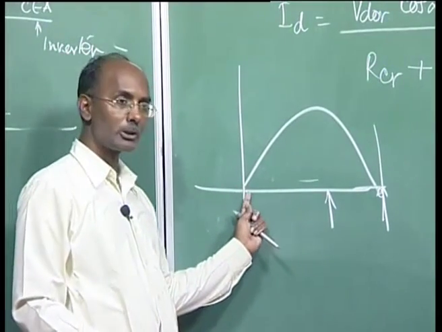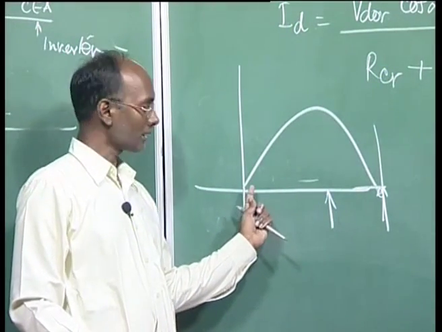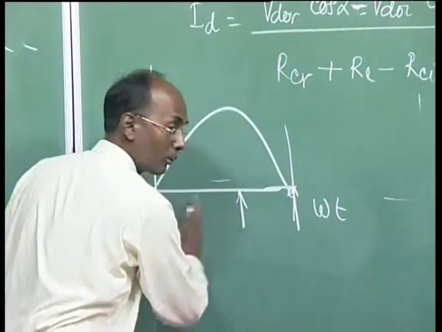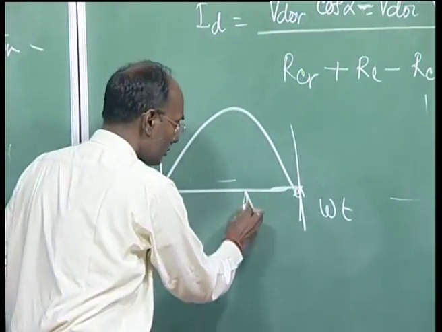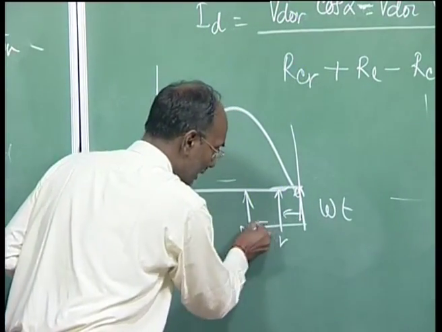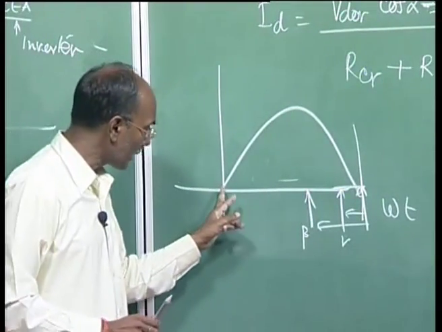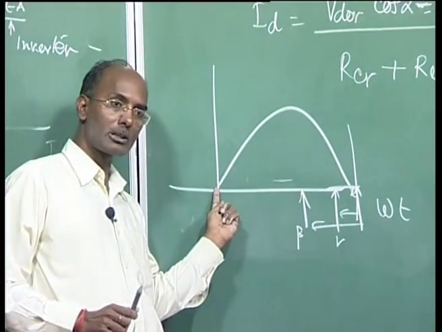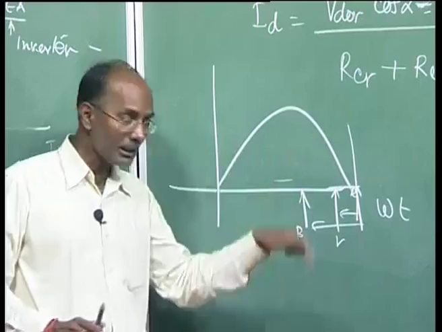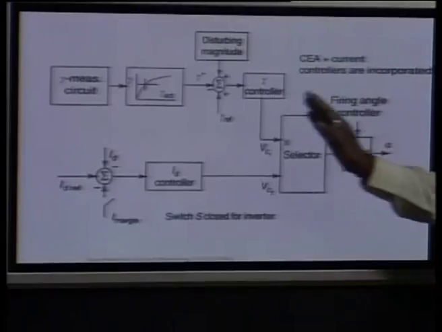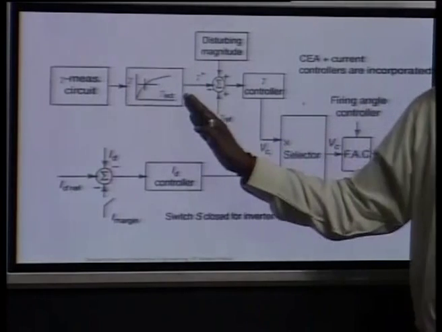We have to go from this zero crossing, because already this is the past. This omega t is changing with time, and we are moving in this direction. So this angle is your beta angle. We are assuming some measured zero crossing of this commutation voltage, and based on that we are calculating your gamma. All this calculation part is done with the measurement circuit.